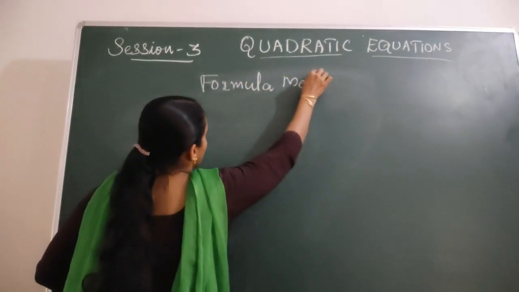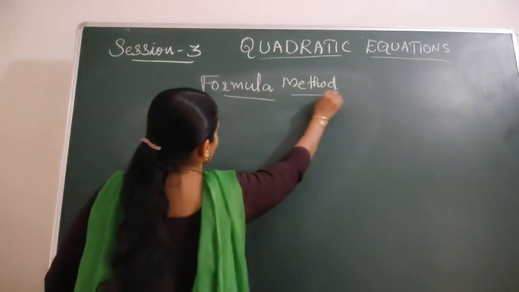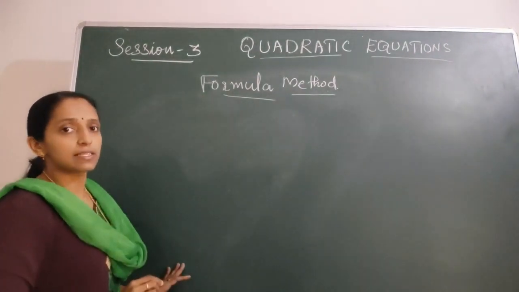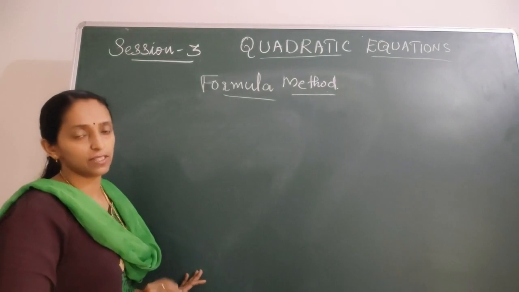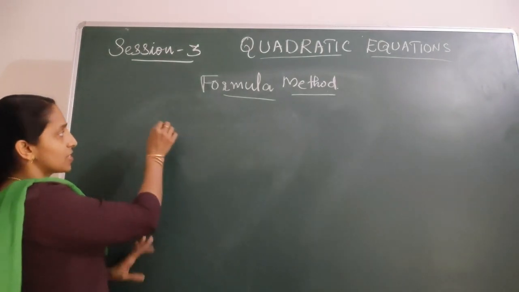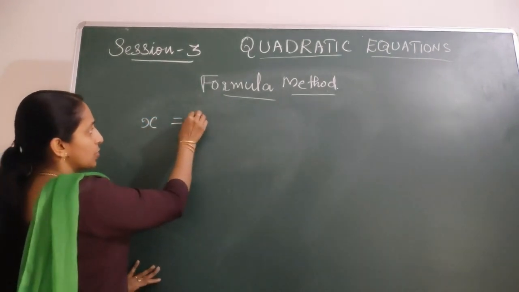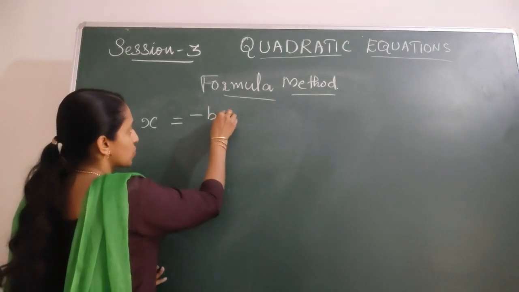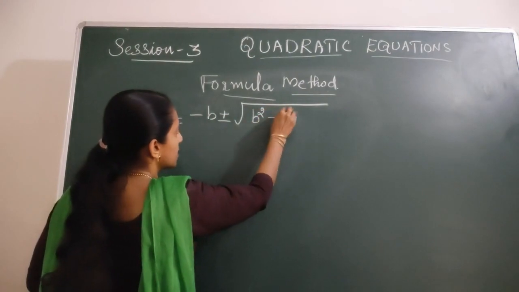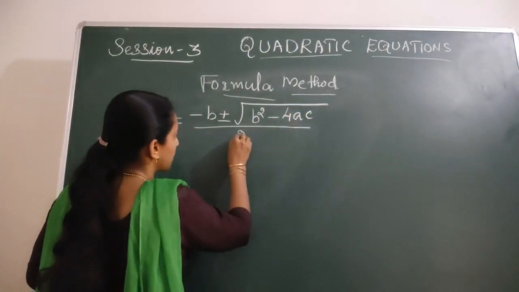We have a formula to solve the quadratic equation, and this method is known as Sridhara Acharya method. The formula is given by the value of x: x equal to minus b plus or minus under root b square minus 4ac upon 2a.